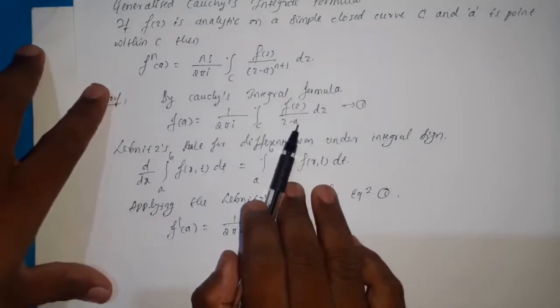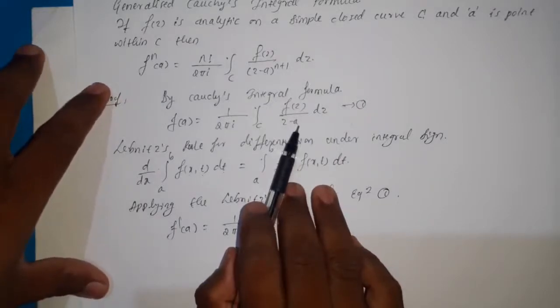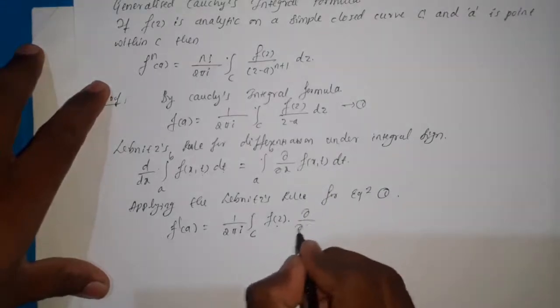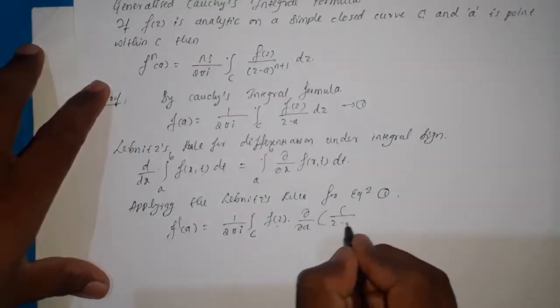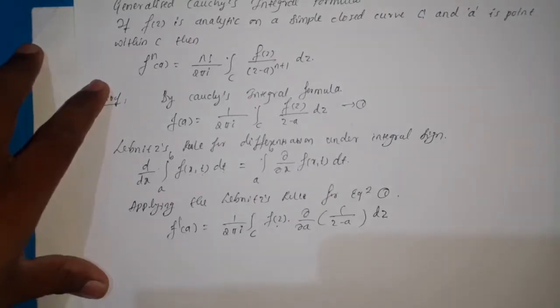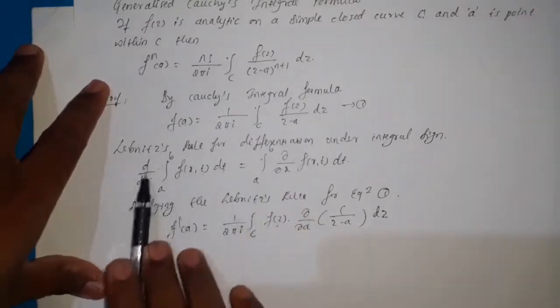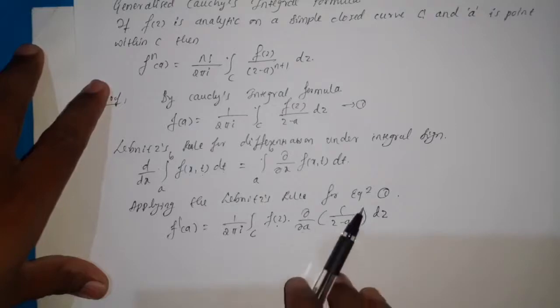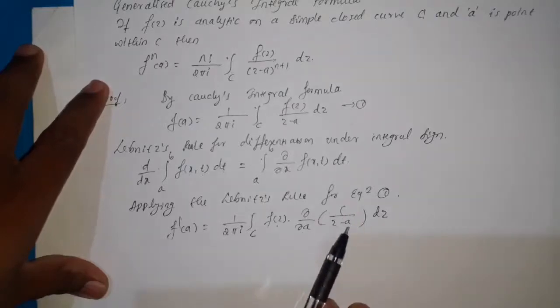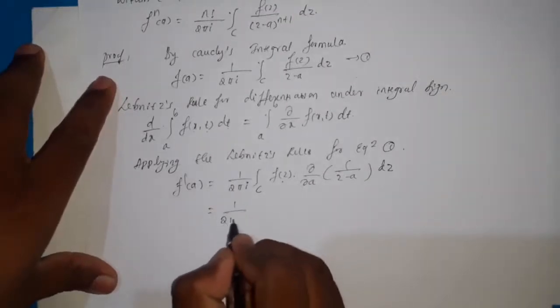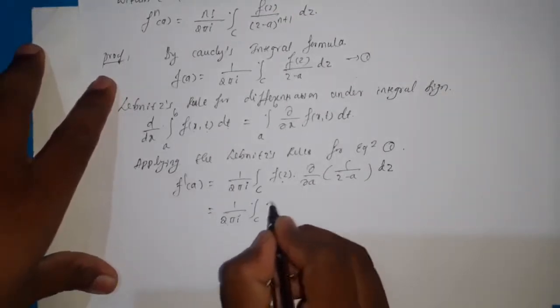So therefore we need to differentiate partially with respect to a. So f of z into dou by dou a of 1 divided by z minus a into dz, by using this condition. Here d by dx becomes dou by dou x. So therefore dou by dou a of the function which contains that a. Then this is equal to 1 divided by 2 pi i integration over C f of z.